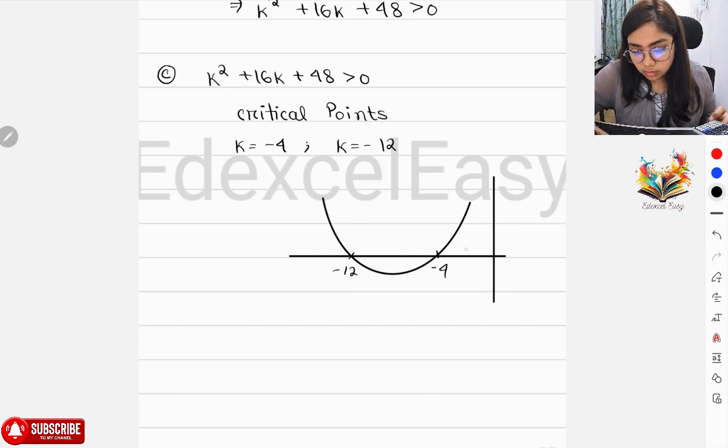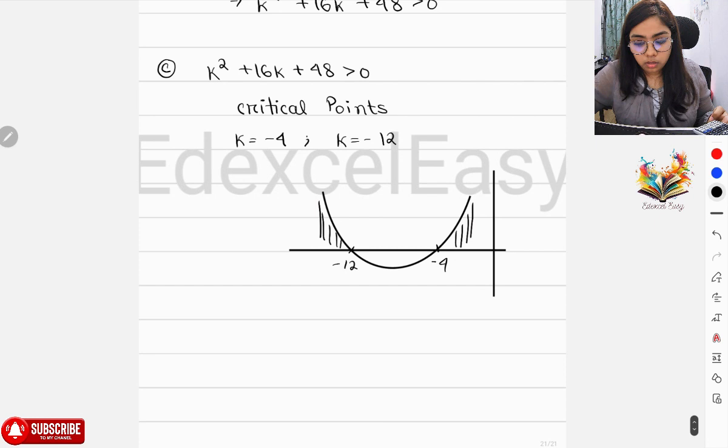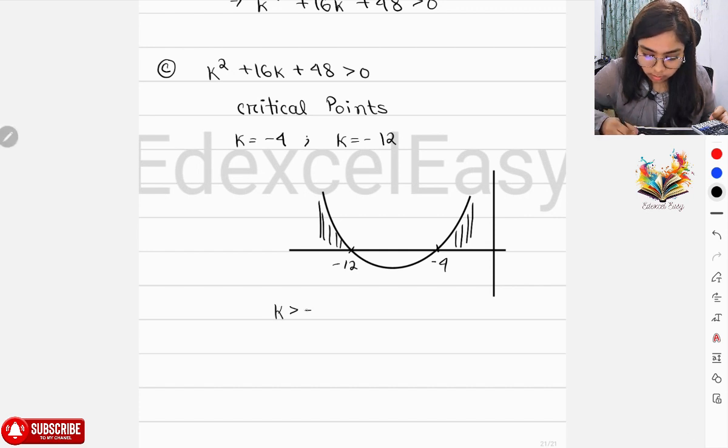The regions that are shaded are these parts, right? So that means the range of k should be k greater than minus 4 or k less than minus 12, right? These are the possible range of values of k.